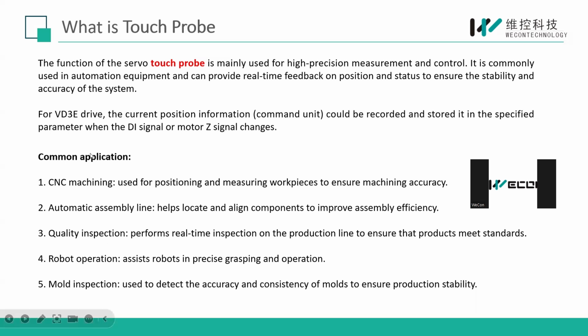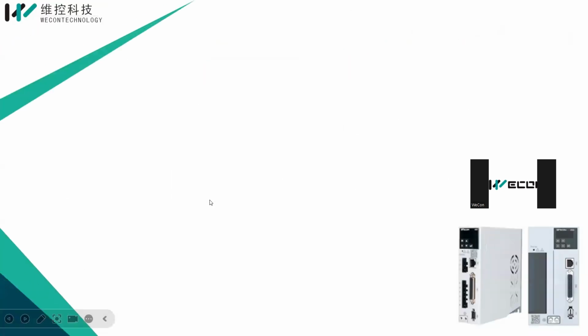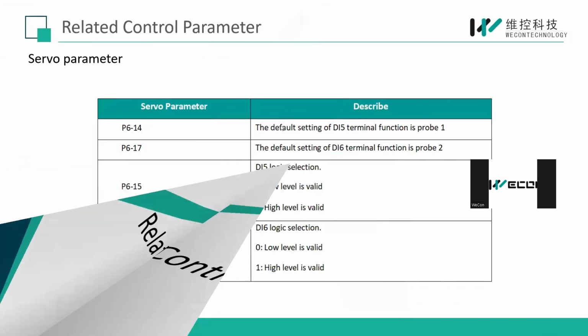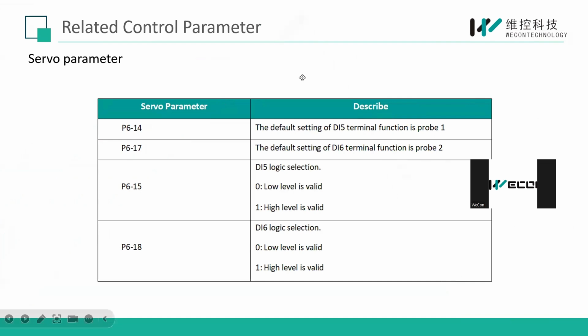And below are some application about TouchProbe. So here, before we use TouchProbe function, we only need to set this several parameter. For our driver support two TouchProbe, probe 1 and 2, and they are default as DI5 and DI6.